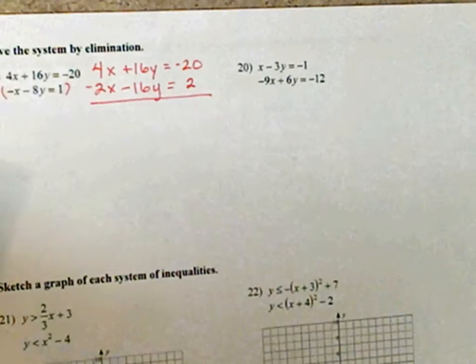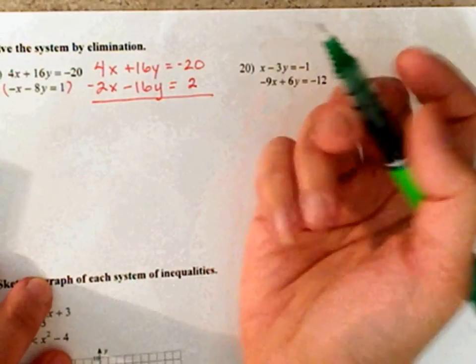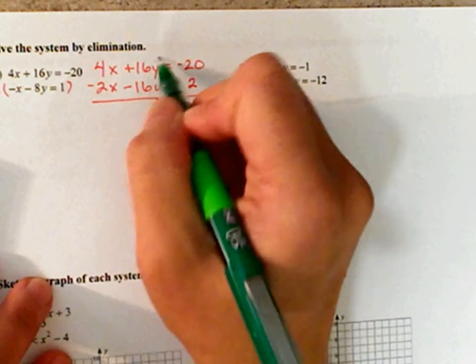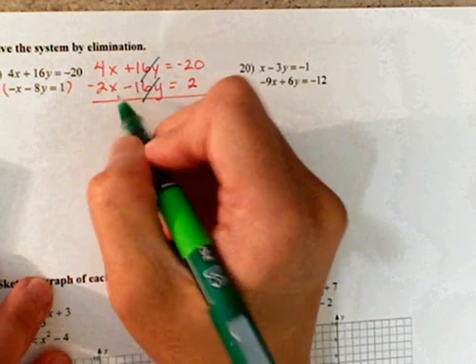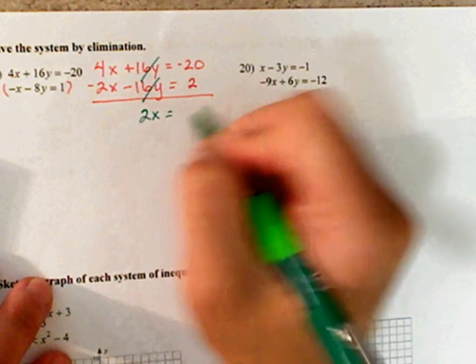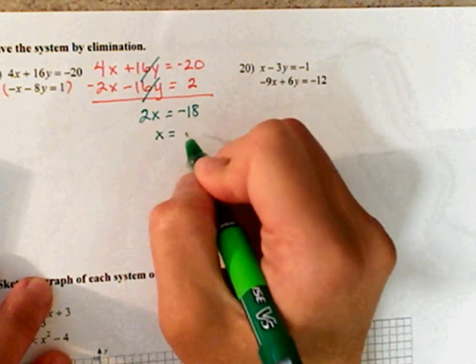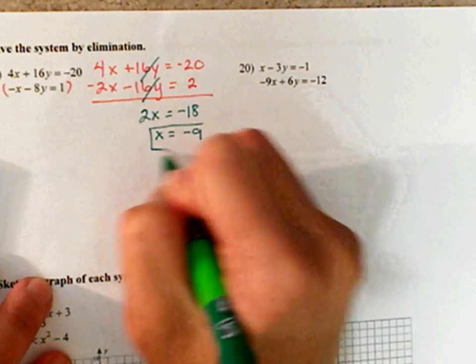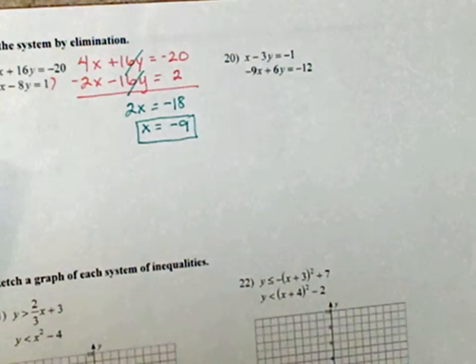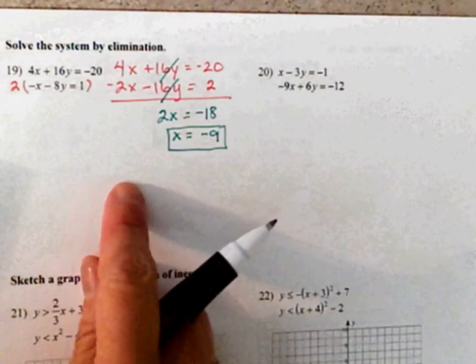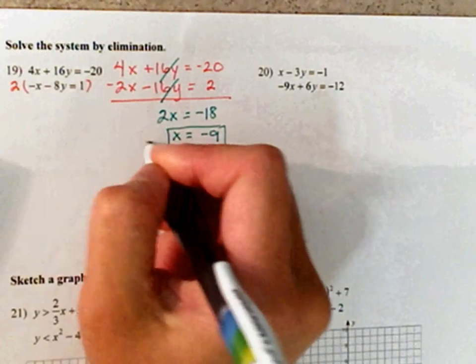Now, go ahead and combine your terms. These cancel. 4x minus 2x is 2x. Negative 20 minus 2 is negative 18. Divide by 2, x is equal to negative 9. Now you can plug into either one. I'm going to choose this bottom one because it's smaller, okay?